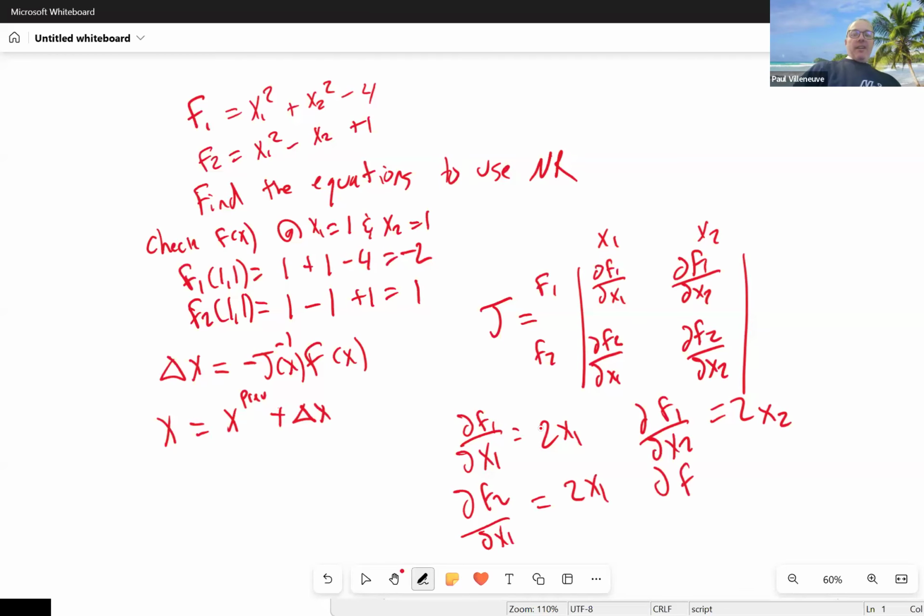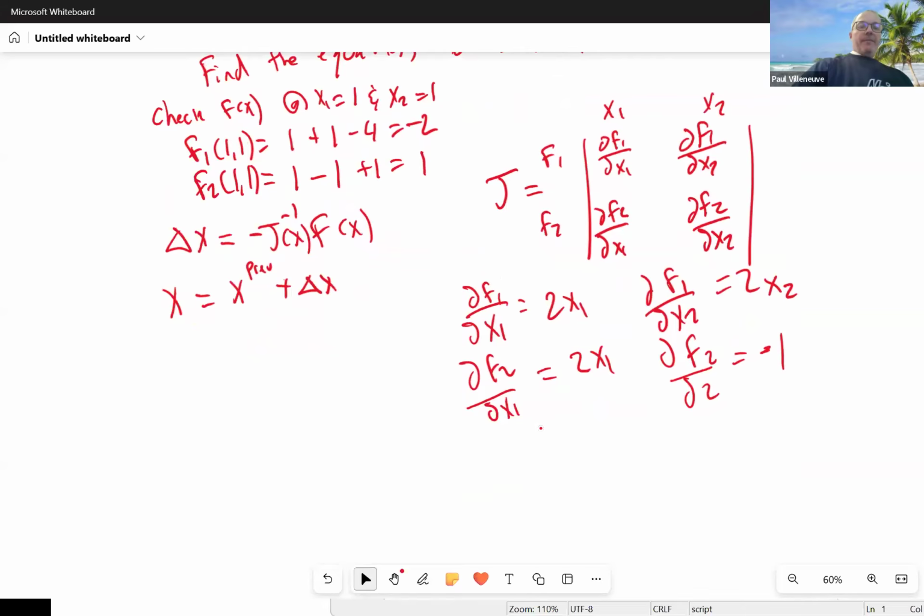And the partial of f2 with respect to x2 is -1. So my Jacobian is going to be equal to 2x1, 2x2, 2x1, and -1.